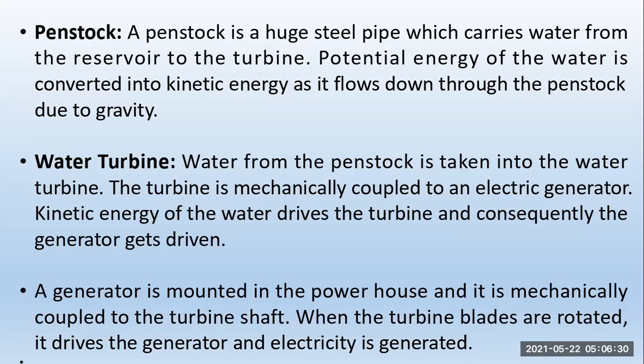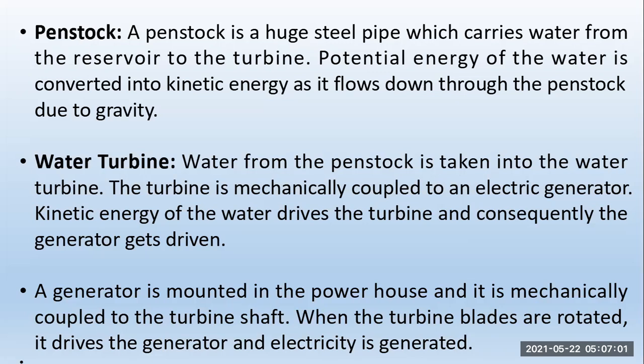Penstock: a penstock is a huge steel pipe which carries water from the reservoir to the turbine. Potential energy of the water is converted into kinetic energy as it flows down through the penstock due to gravity. Water turbine: water from the penstock is taken into the water turbine.